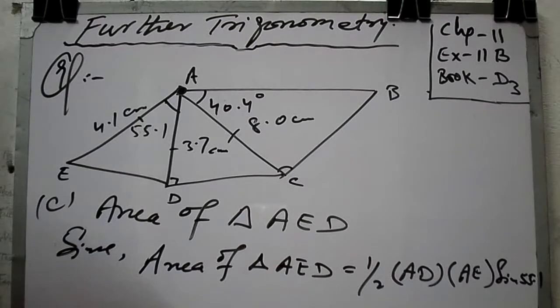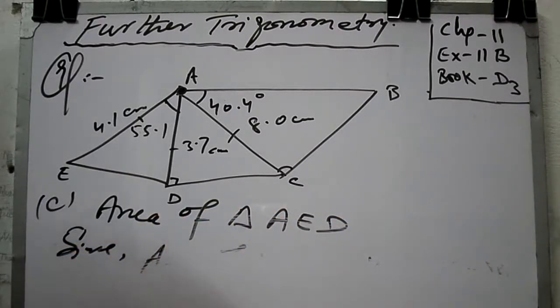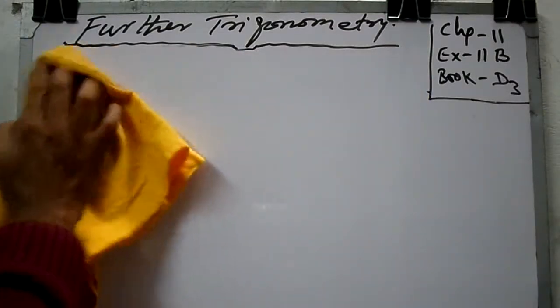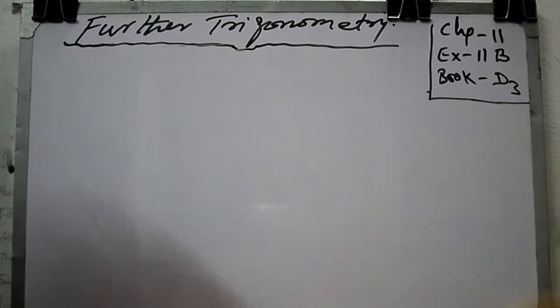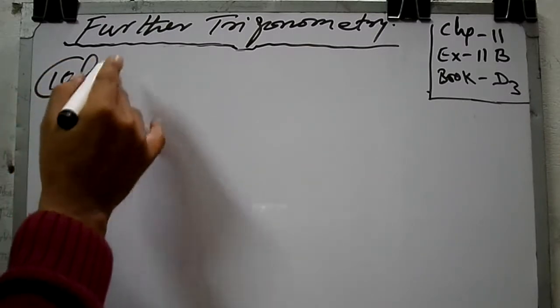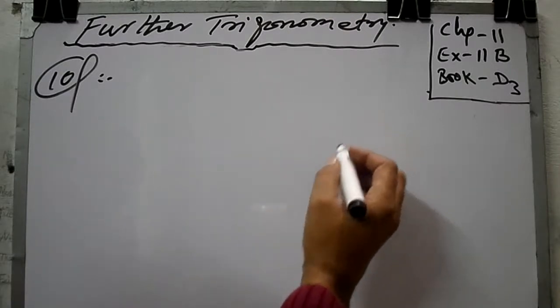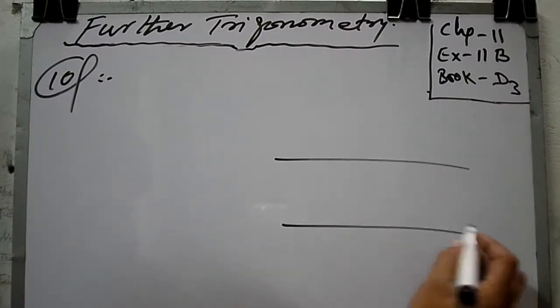First of all we have to draw the configuration, which will be very helpful to understand better, because without a diagram it is very difficult to understand what is going on. So in question number 10 we are going to draw the diagram. We have a diagram like this.